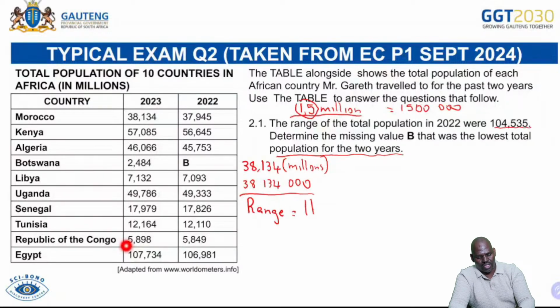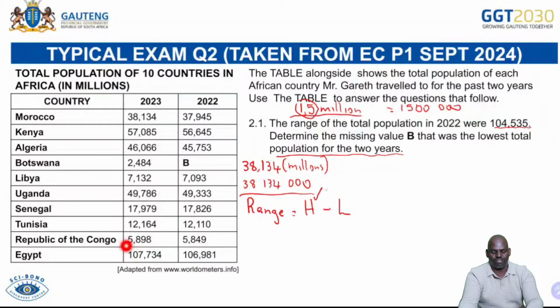I'm just going to say H for the highest and L for the lowest. Most of us are used to a situation where the highest value can be found and the lowest value can be found, and then we determine the range.